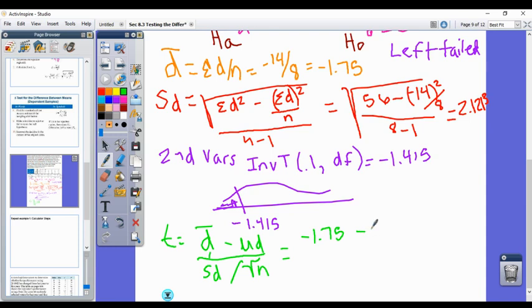So we're going to assume that the difference is 0. My standard deviation, we got 2.1213 divided by the square root of 8. If I do all that, I'm going to get negative 2.33. So the question is, is that in our rejection region? And the answer is yes. So we're going to reject our null.